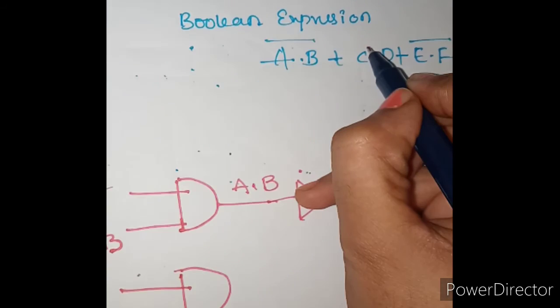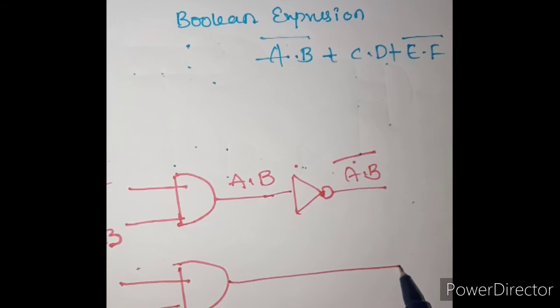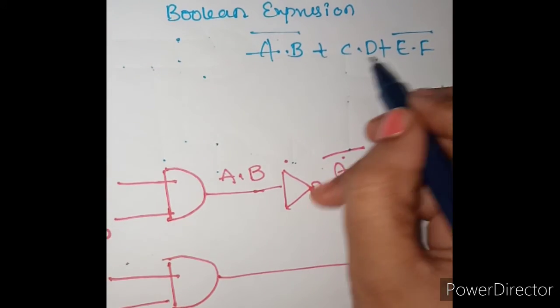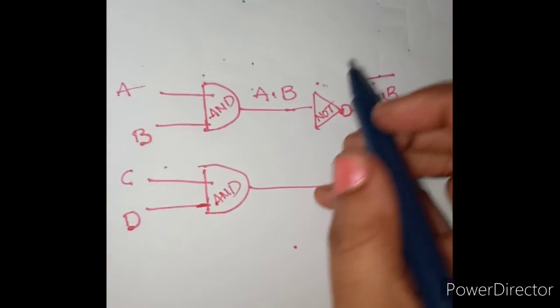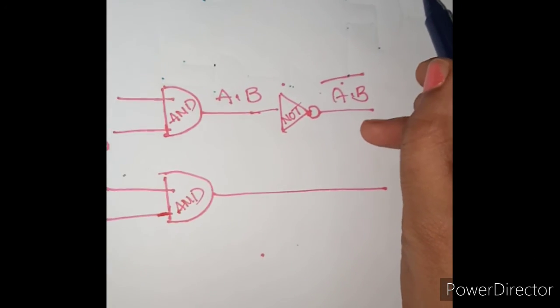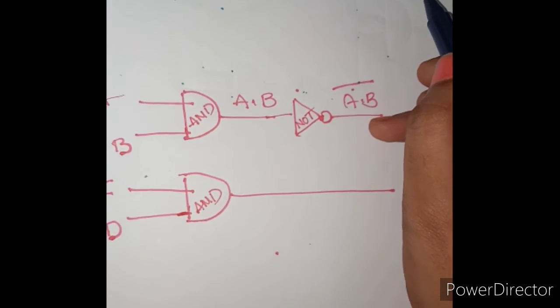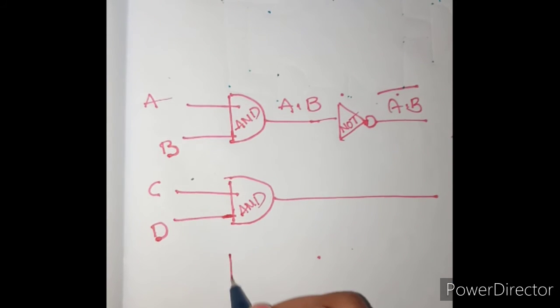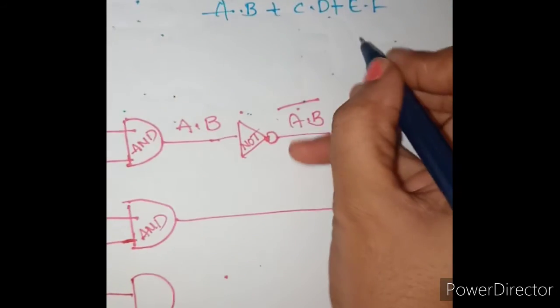Here observe there is no bar, so this one is completed. And this one, e dot f bar. Dot is represented by the AND gate, so I am taking one more AND gate here. See here, these inputs are e and f.